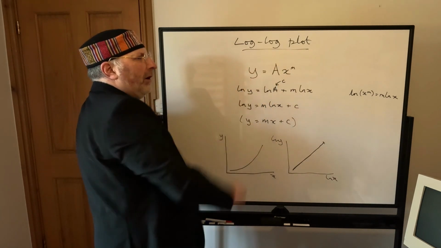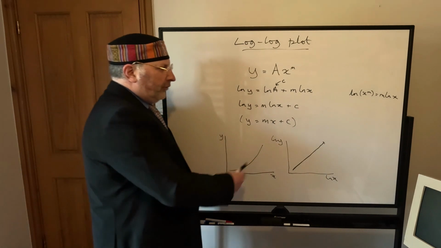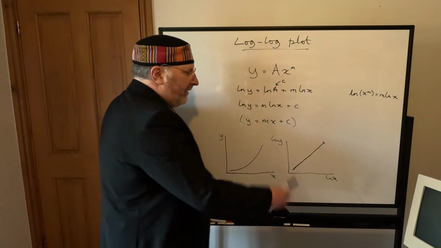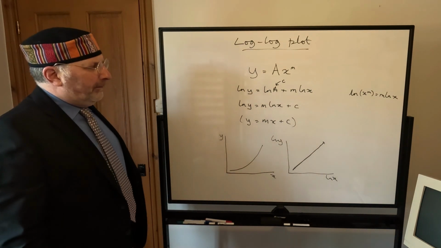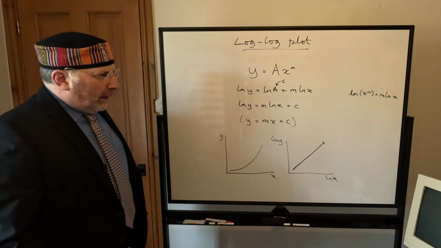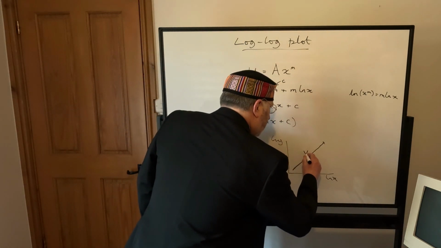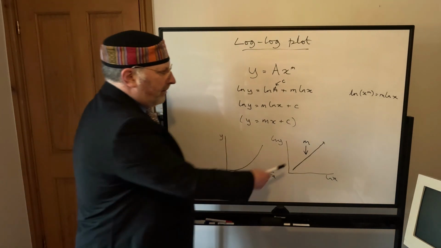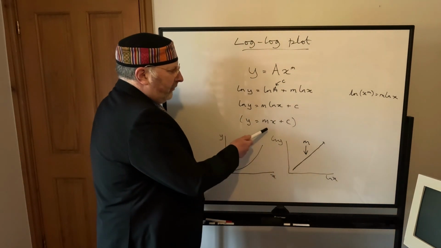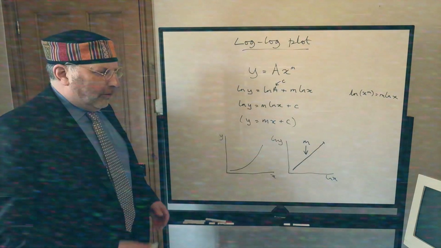So a log-log plot, double logarithmic plot, is a very useful tool for studying power laws. If we plot our data and we get a straight line, then it tells us we've got a power law. And we can also see that the slope of the straight line on the double logarithmic plot is this m, which is the exponent of the power law.